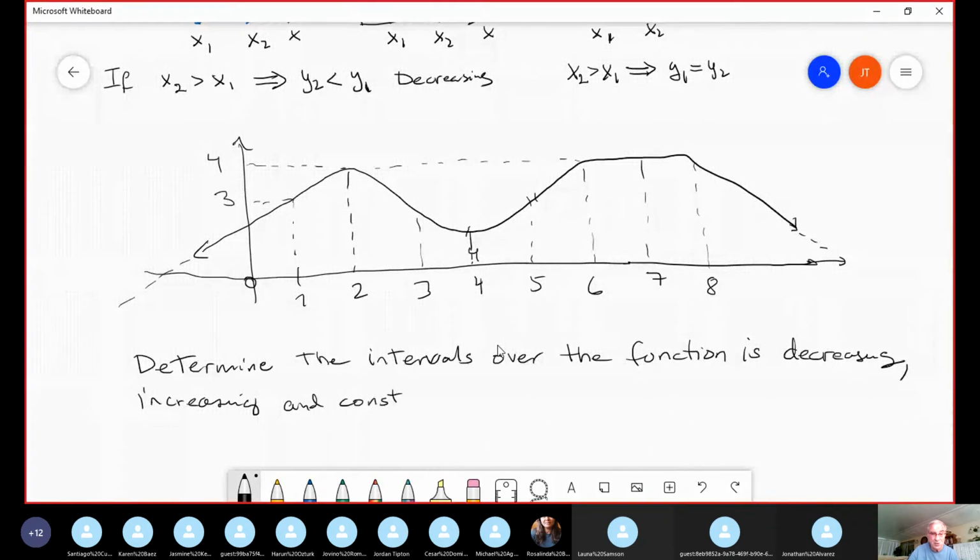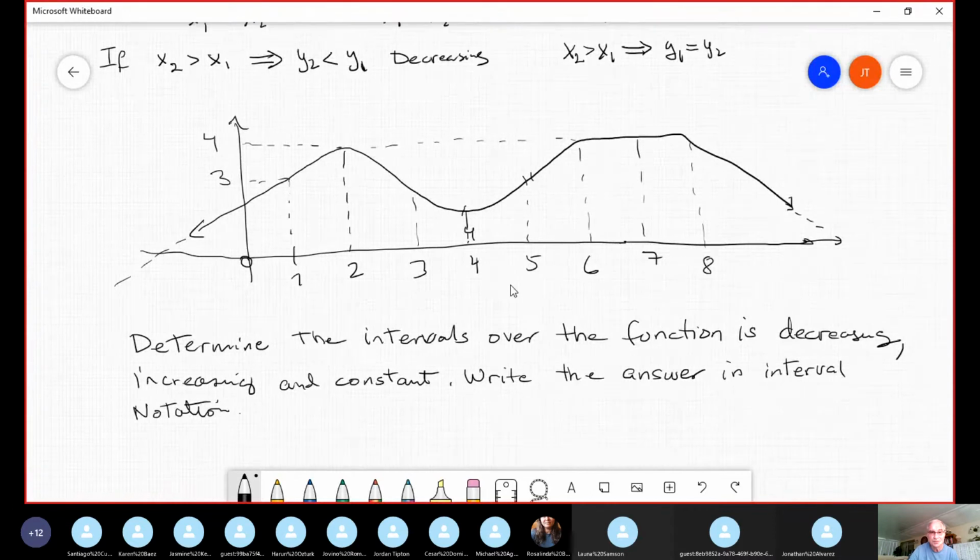But they want more. They want you to write the answer in interval notation. This is the universal notation, the universal way that you need to be aware of in the test. Always express any interval in interval notation.